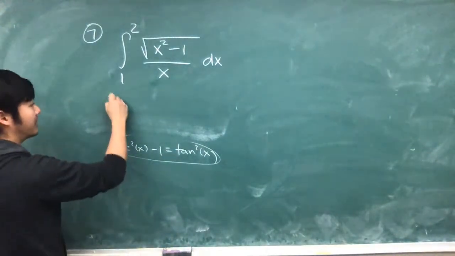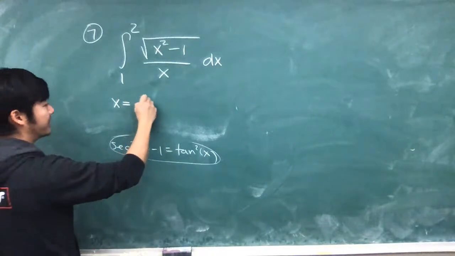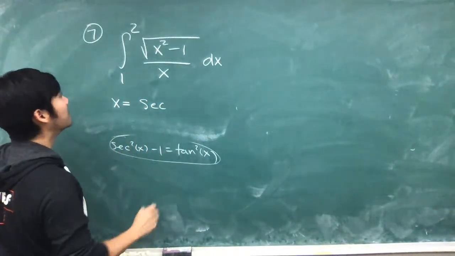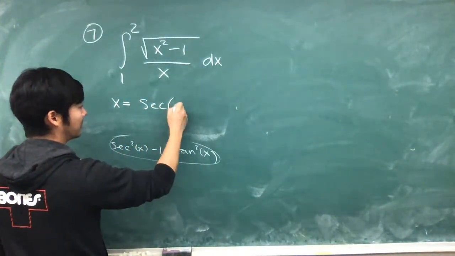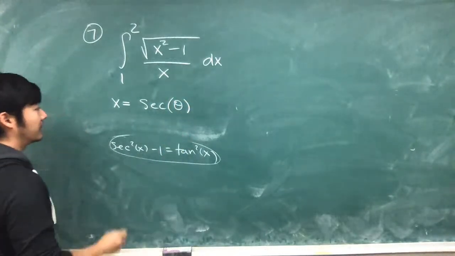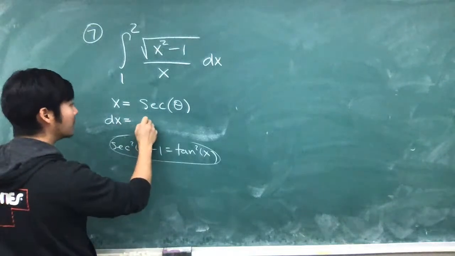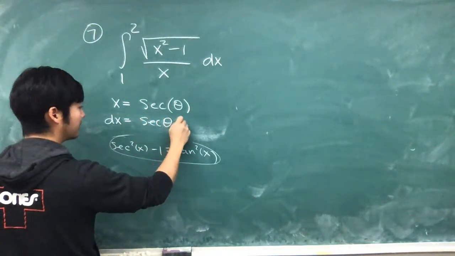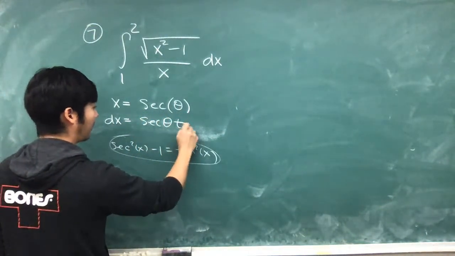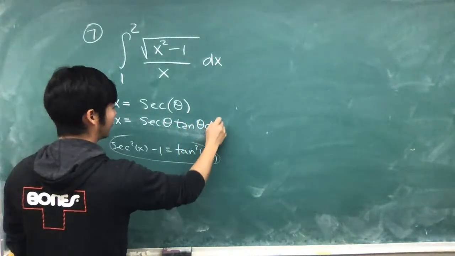So let's let x equal secant theta. Then dx is equal to secant theta tangent theta d theta.